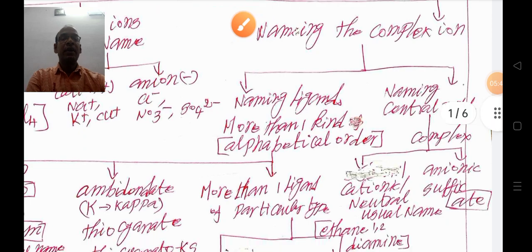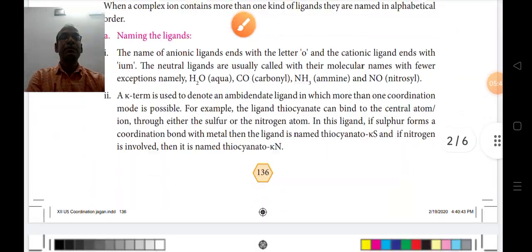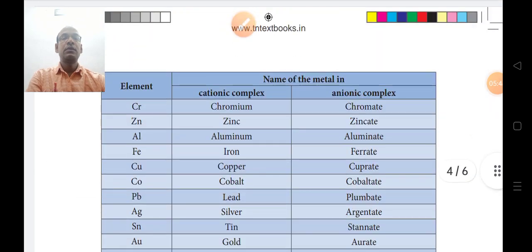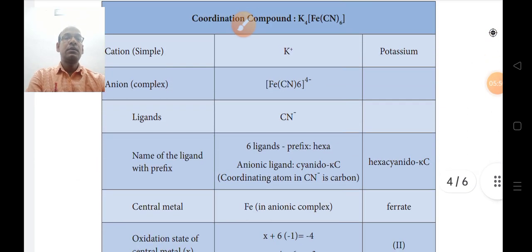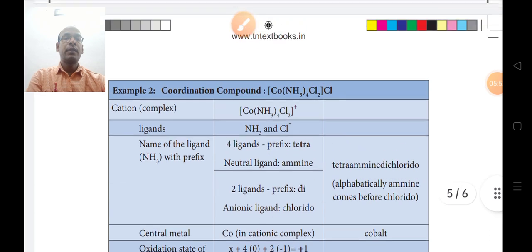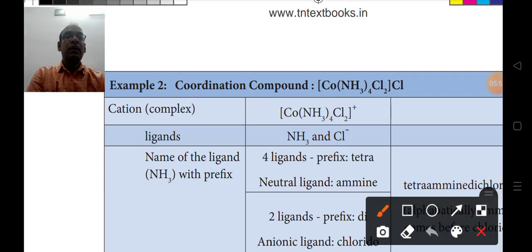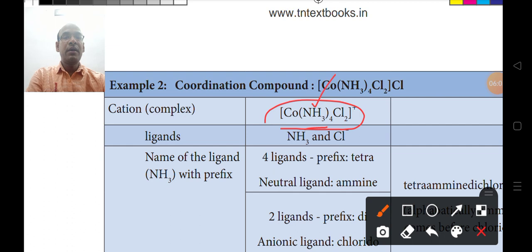For example, in example 2, in this complex ion there are 2 ligands: ammonia and chloride.